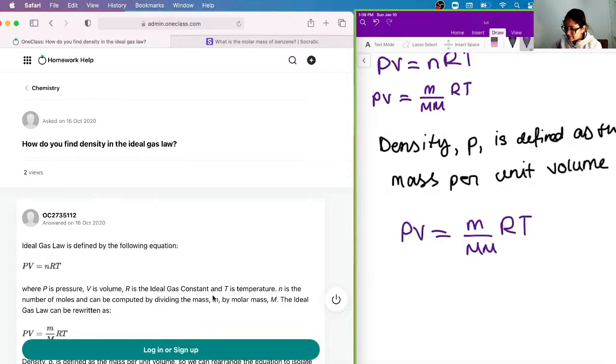What we can do is rearrange the equation so that it will give us density. So what we want to do is first get rid of the molar mass from the denominator, and what we need to do is multiply both sides.